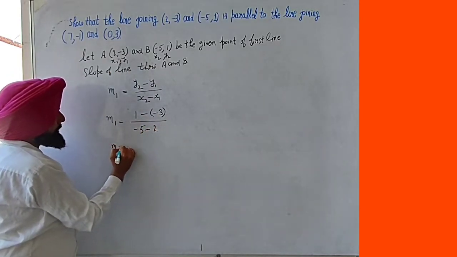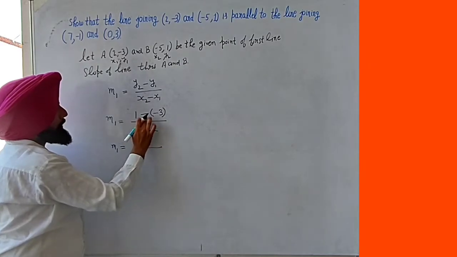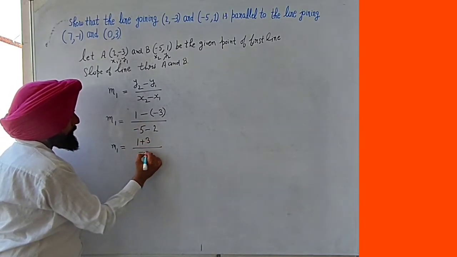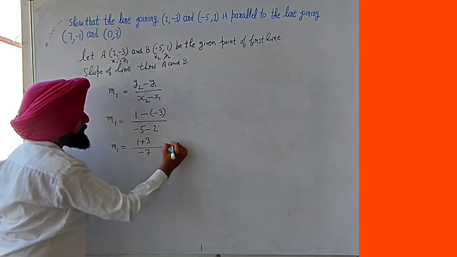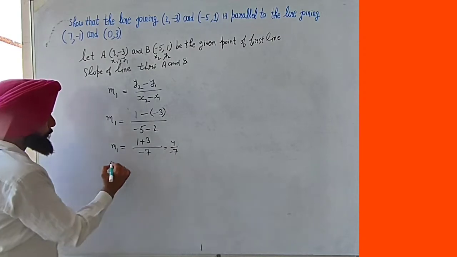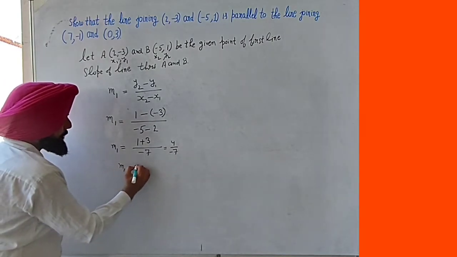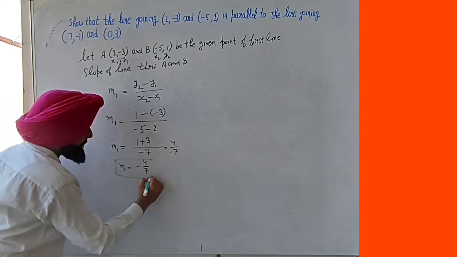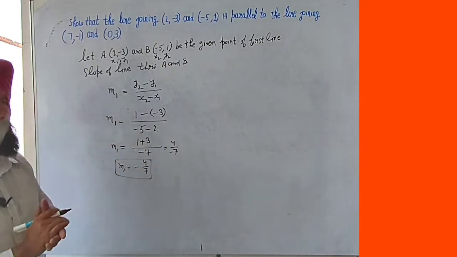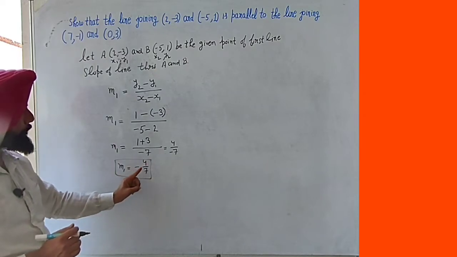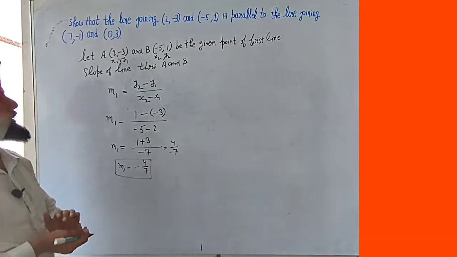So m1 is equal to 1 minus minus, plus 1 plus 3, over minus 7, 4 over minus 7. So m1 is minus 4 over 7.